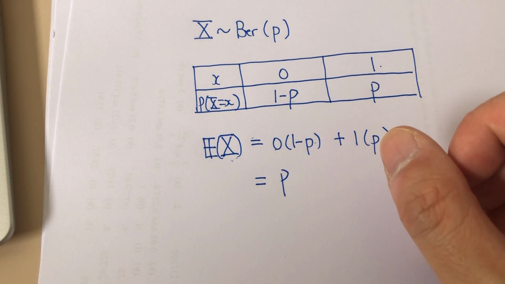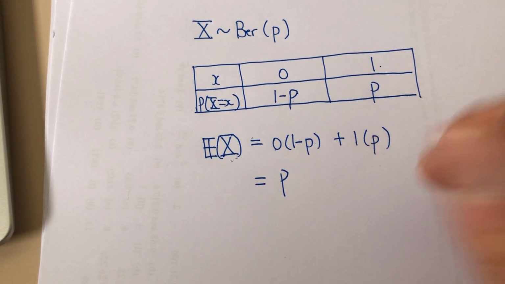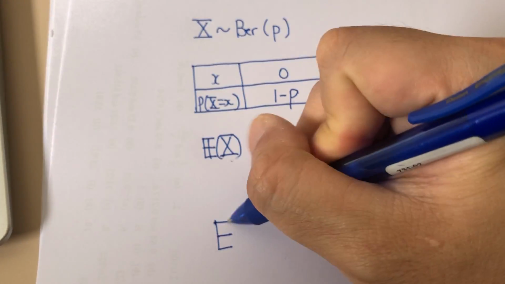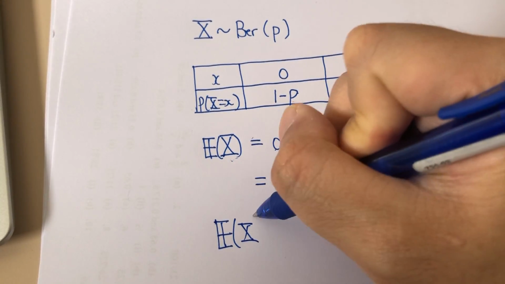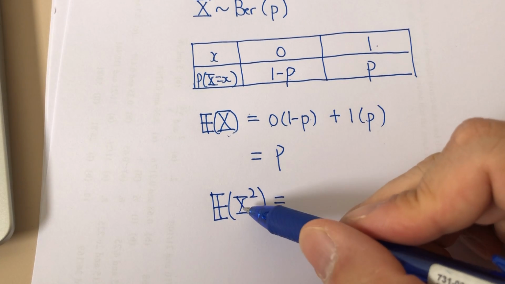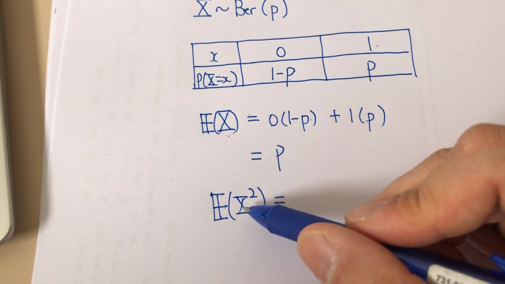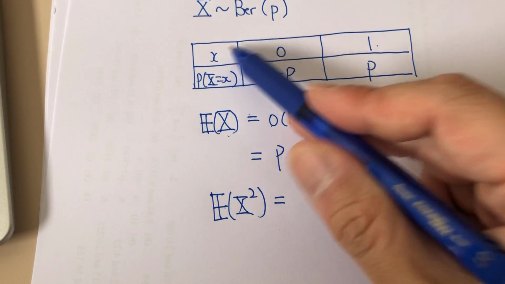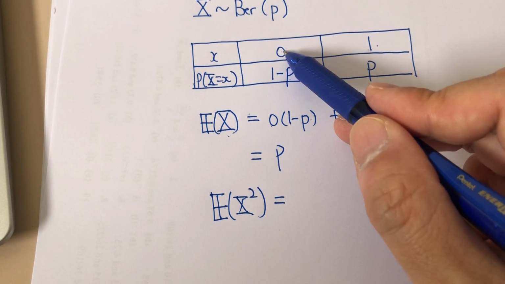Remember how to find the variance? Before we find the variance, we should find the expected value of X squared first. Okay? Now we need to find the expected value of X squared. Therefore, for each value of X, we have to square it.